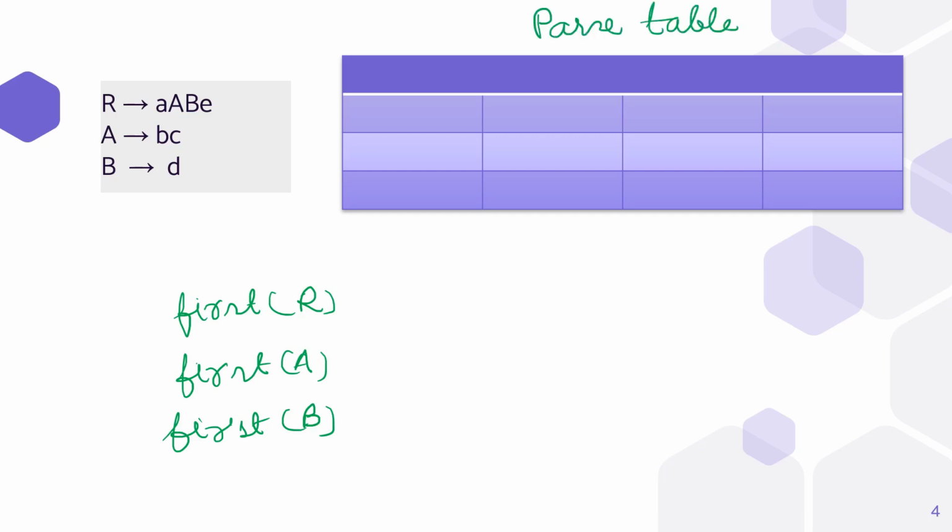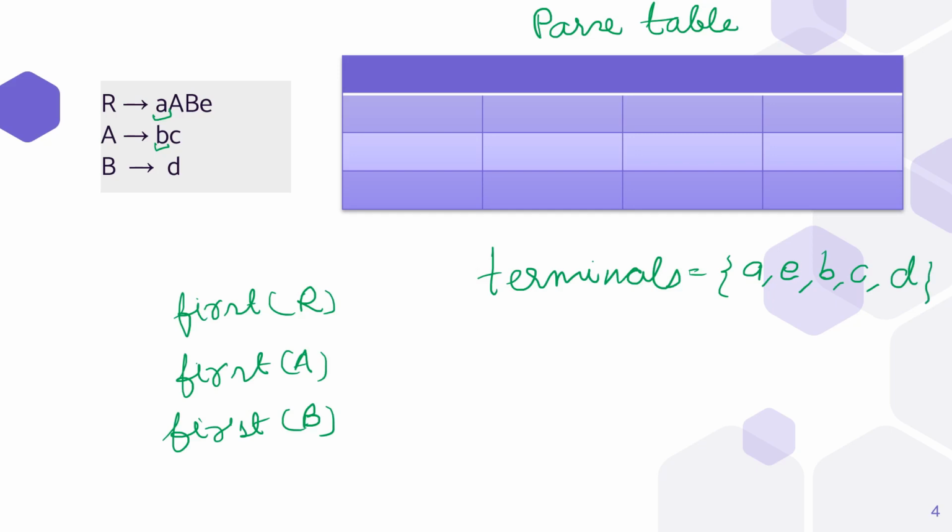Here on the column side we write the names of the terminals. So what are the terminals that we have in this particular grammar? The terminals are small a, small e, b, c and d. Okay, so these are the terminals that we have in our grammar.